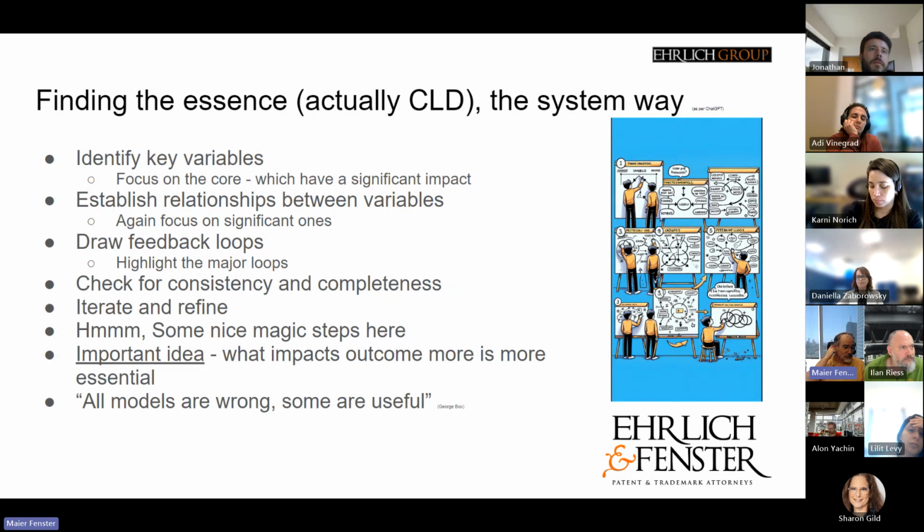But in any case, the tool that they are giving us is whatever impacts the outcome more, that makes it more essential. And remember, George Box, who was in statistics, said all models are wrong and some are useful. And that's what you're really trying to do in system thinking, is to build a model of the system. And the model is very similar to a claim with respect to how the pieces work together.